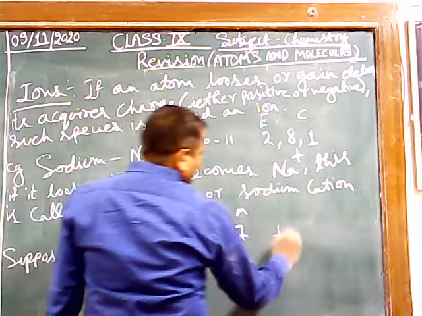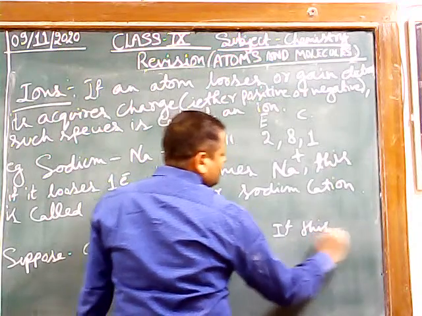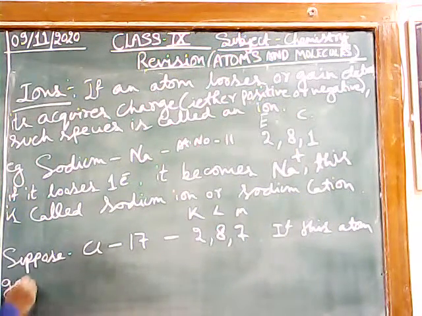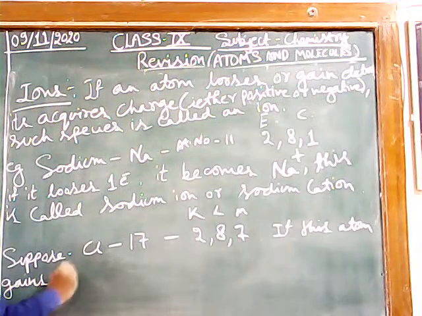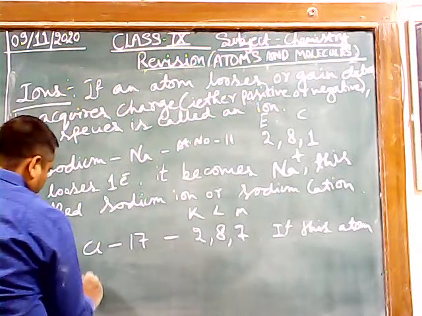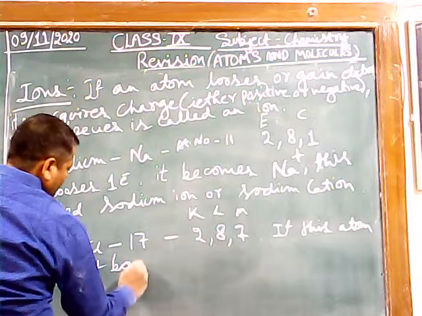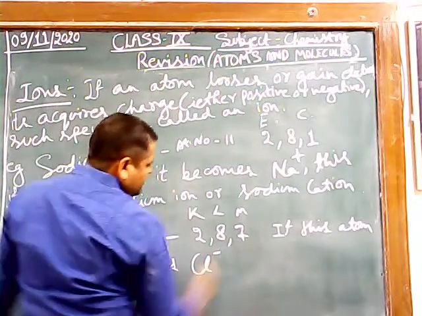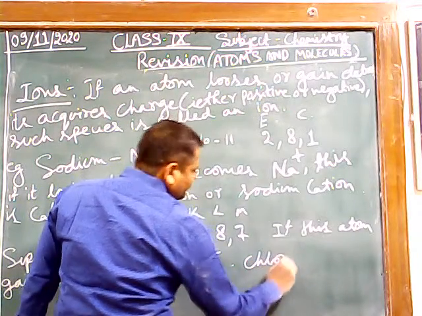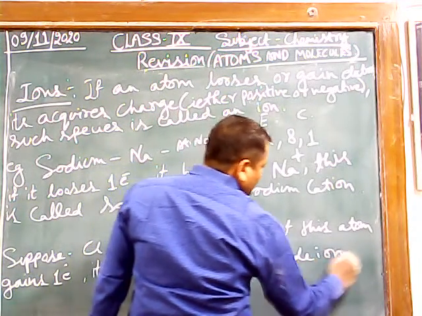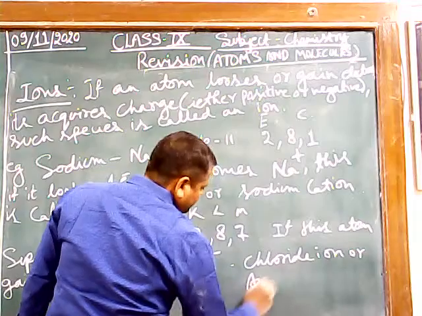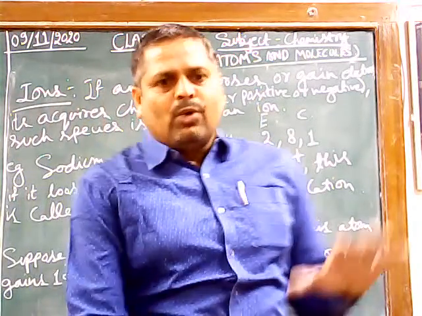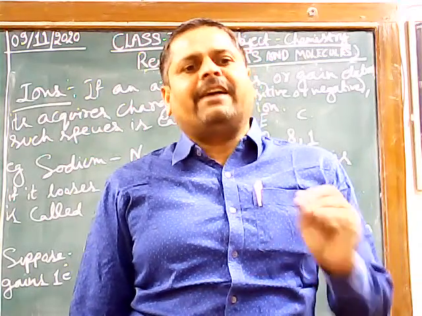So if this atom gains one electron, it becomes Cl-, chloride ion or anion. Okay, so cations are positively charged ions while anions are negatively charged ions.